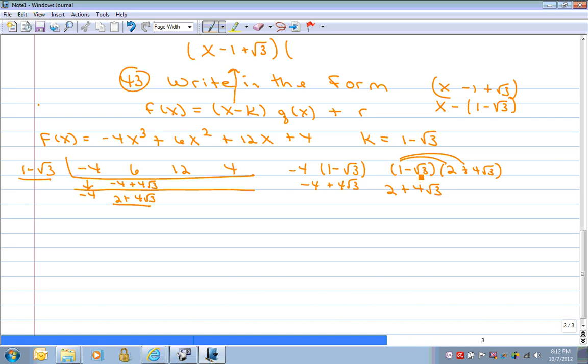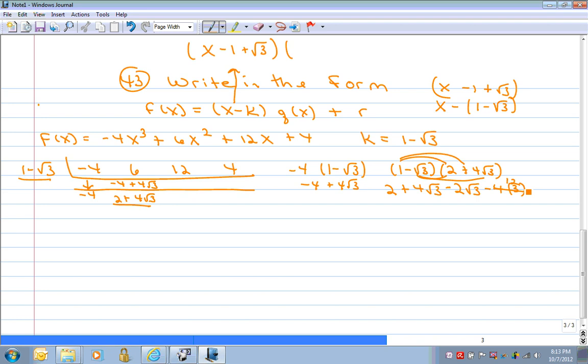Then negative square root of 3 times 2 is a negative 2 square roots of 3. And then negative square root of 3 times 4 square roots of 3 is negative 4, and the square root of 3 times the square root of 3 is 3, and negative 4 times 3 would make that a negative 12.